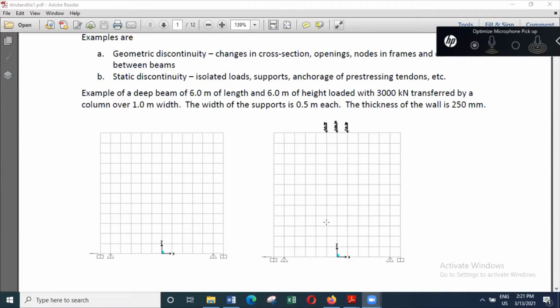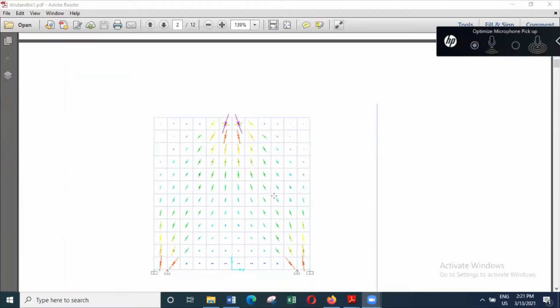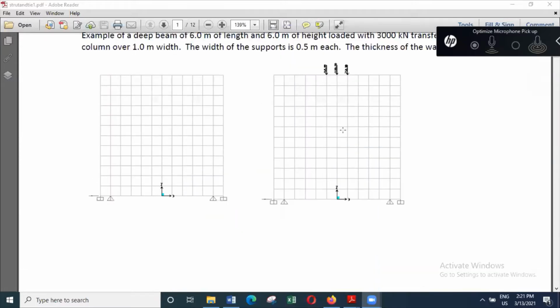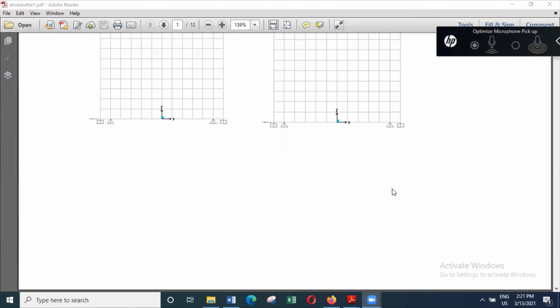First I will show you how you create the FEM model, and then how you get this type of direction for the main stresses. Here we have a wall 6 meters by 6 meters, 6 meter height, 6 meter length, and at the center, over a length of 1 meter, we are applying a load of 3000 kilonewtons, and we would like to see how these loads are distributed.